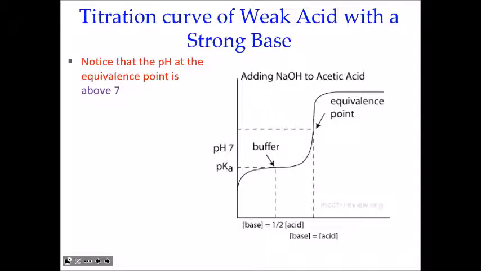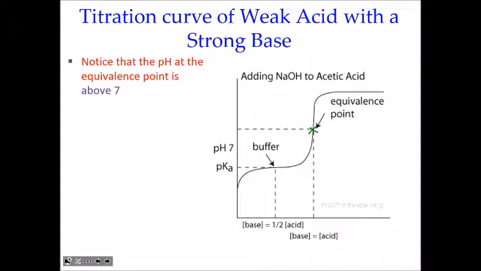There are going to be noticeable differences on the graph that you'll need to make sure that you take note of, and that you will be able to identify very quickly in, say, a multiple choice or free response problem. The first thing that you should notice, and you would be able to tell that this is a weak-strong, is that with a weak acid titrated by a strong base, the equivalence point is above 7. Okay, so it's noticeably up here above 7.